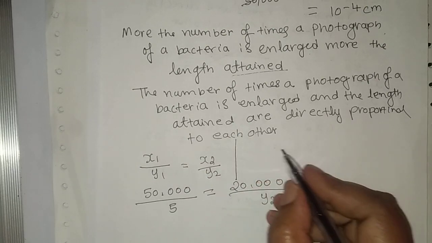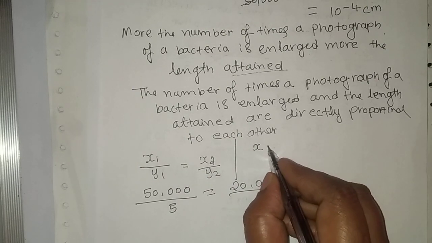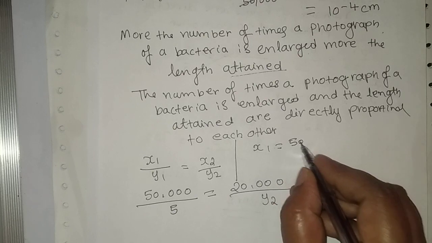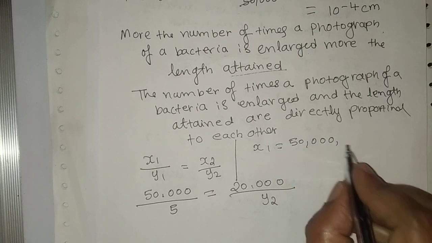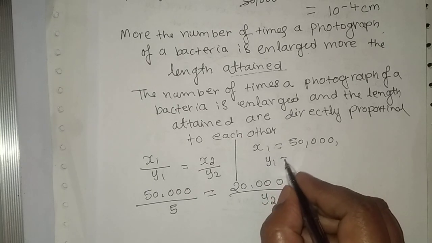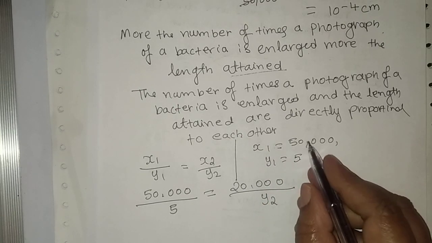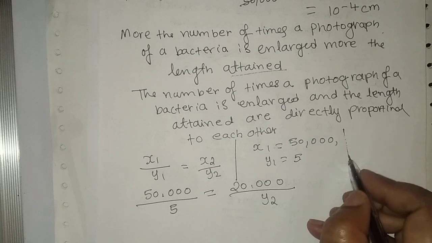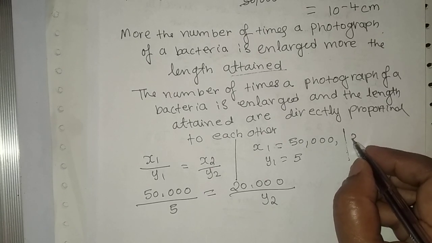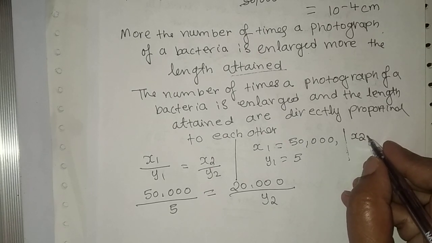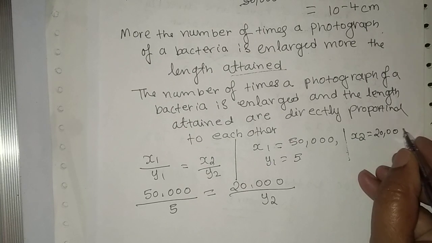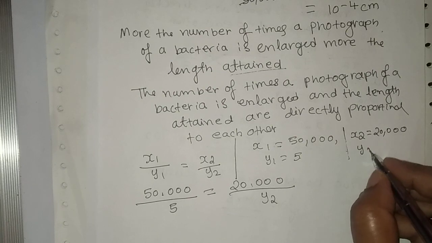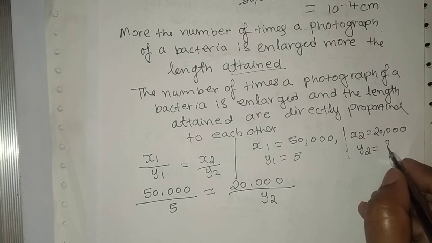So the data: x1 is 50,000, and y1 is 5 centimeter length at 50,000 enlarged. Next we have x2 which is 20,000 given, and y2 we have to find out in centimeters.